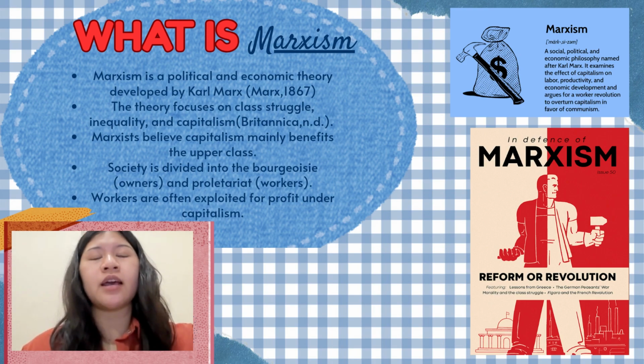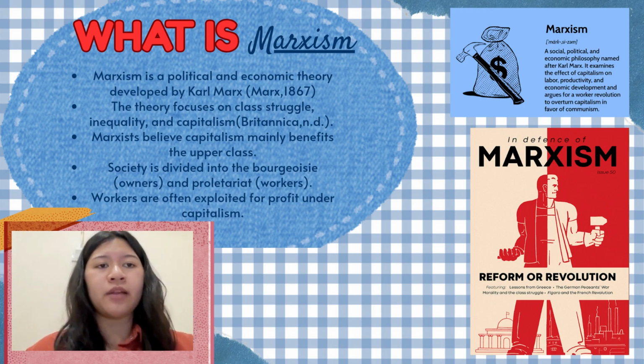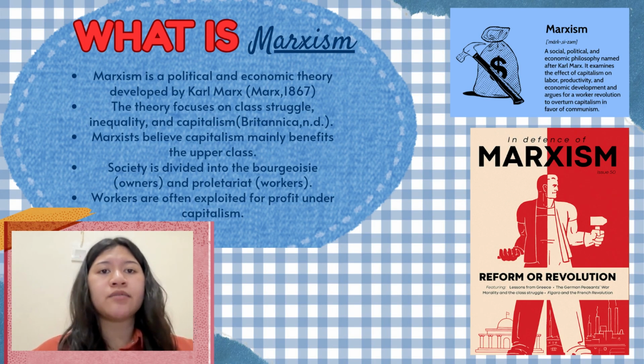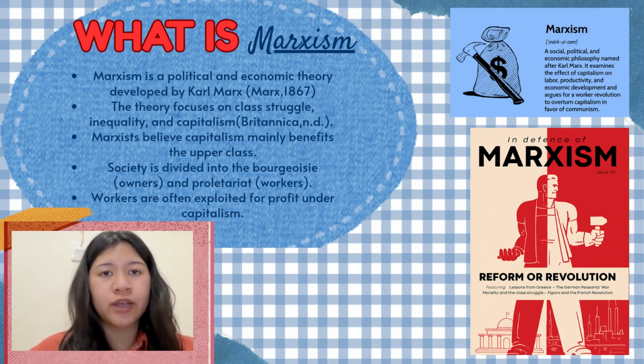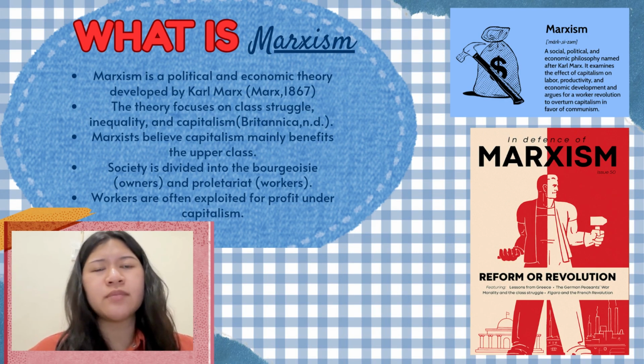Marxists believe that capitalism mainly benefits the bourgeoisie because workers produce goods and services, but the profits are mostly controlled by the upper class. As a result, workers are often exploited and receive fewer benefits compared to the owners. Marxism also explains that economic power influences politics and society.